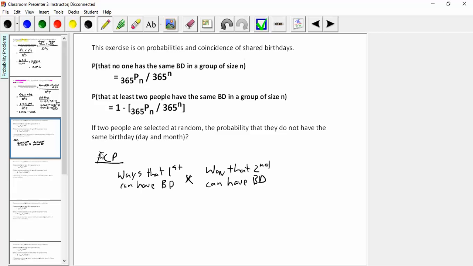All right, so let's see. How many ways can the first person have a birthday? Well, it turns out that the person can choose any one of the 365 days of the year. They can choose 365 of the 365 days there are. That's how many ways.